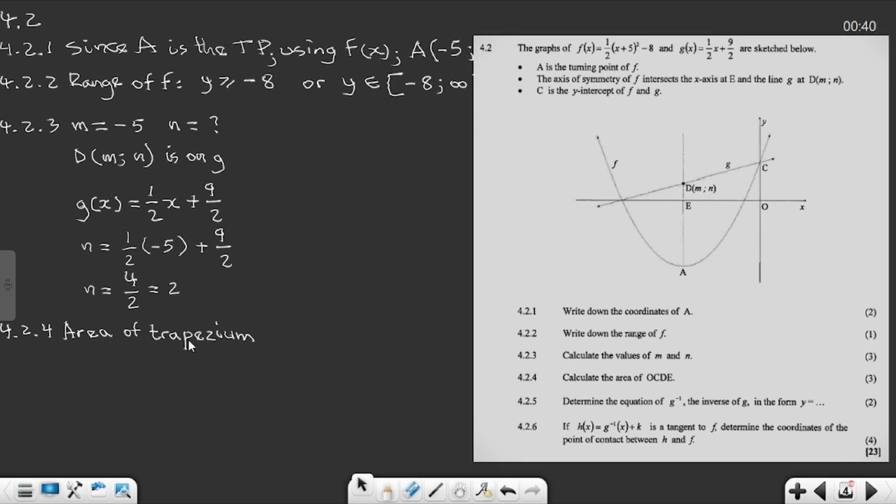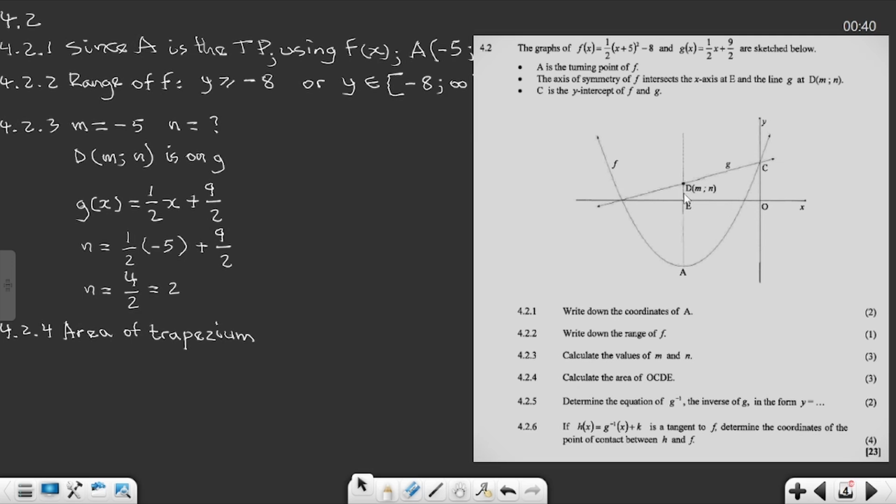So the area of a trapezium is equal to half of the sum of the parallel sides times the perpendicular height between them. Okay, so you have your parallel sides, this one and this one. So DE and CO, these are your parallel sides.